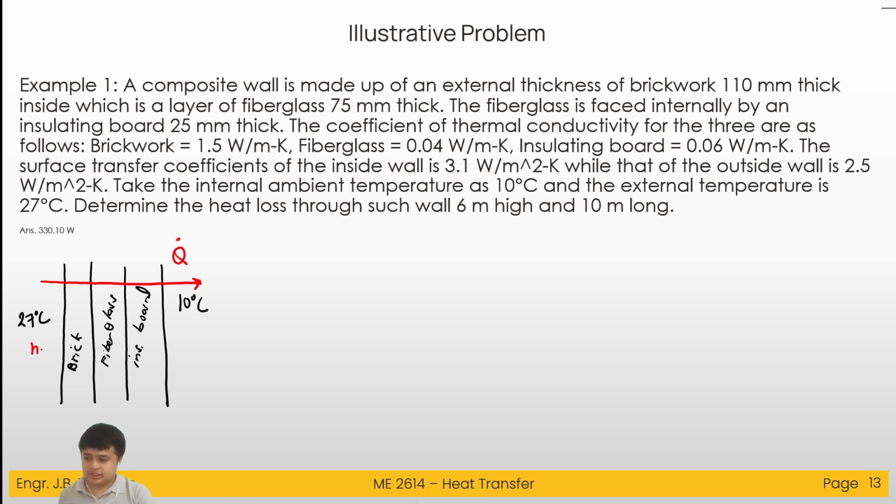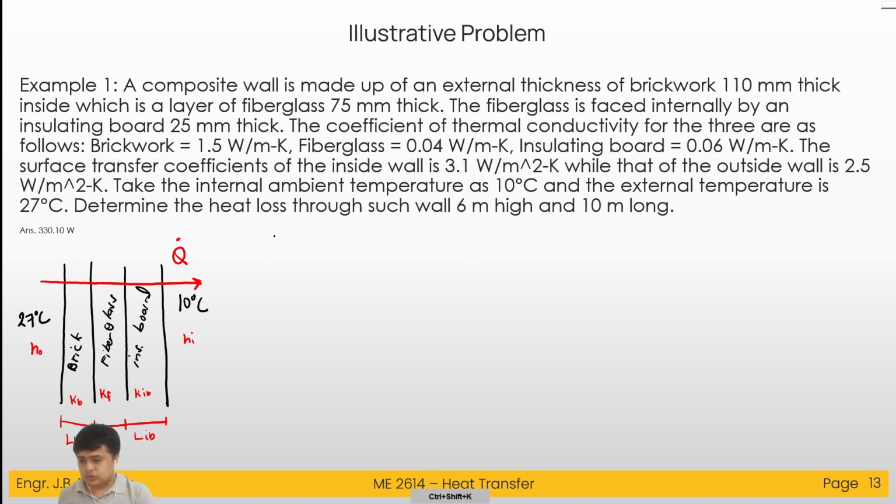We have an H_o outside and H_in inside. You have the thermal conductivity of the brick, the fiberglass, and the insulating board. The lengths are also given: LB, LF, LIB. So I won't write this anymore, guys.